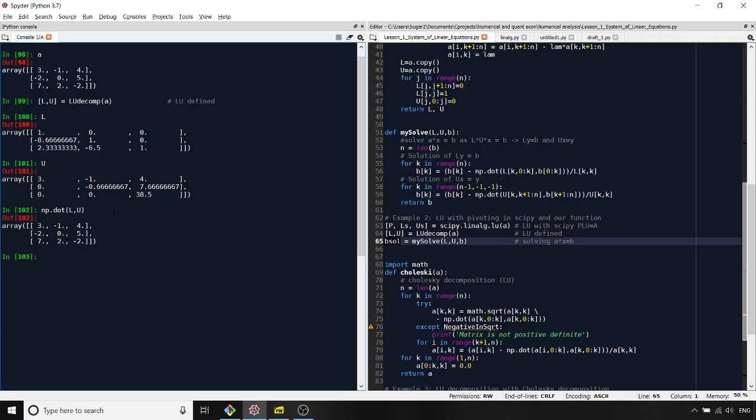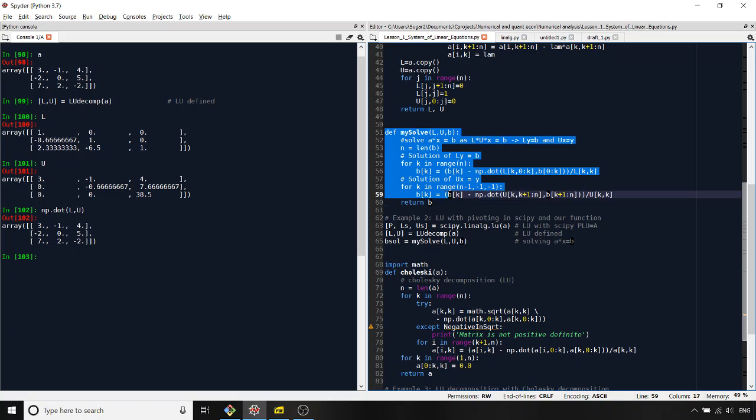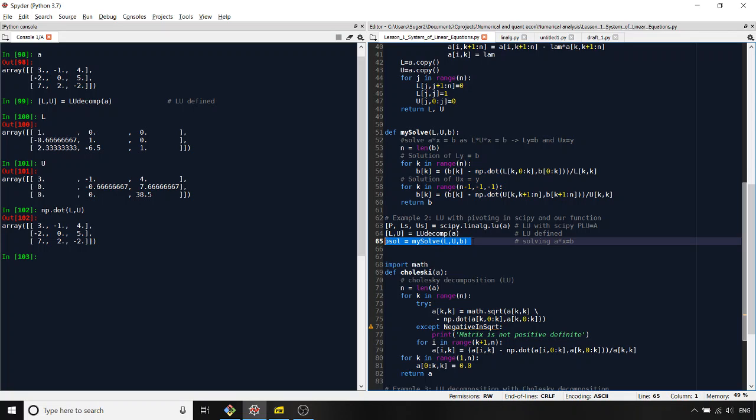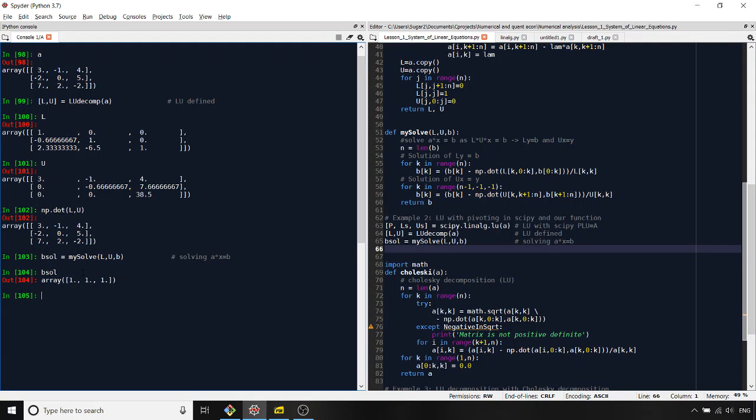So now we know A and B. From here we want to find X. So for the solution X, my_solve does the job. Let's put LU and B into my_solve function and find the solution. From the previous example, we already know the solution. It should be 1, 1, 1.